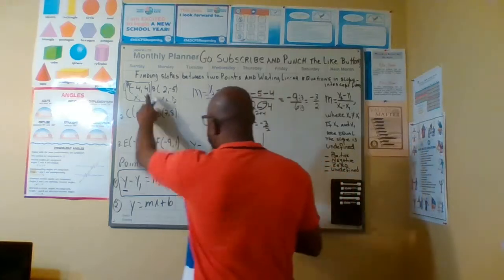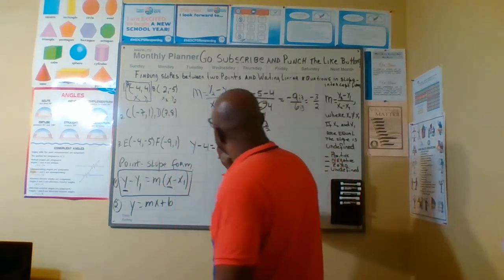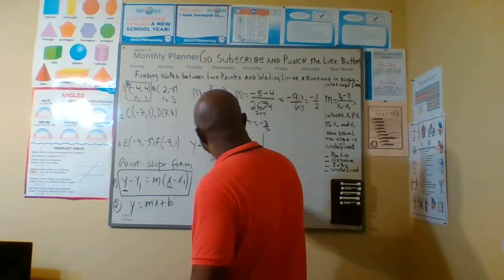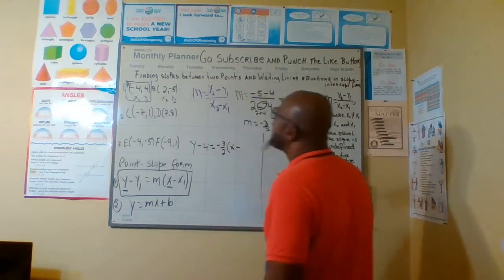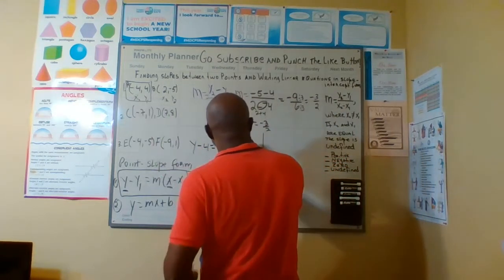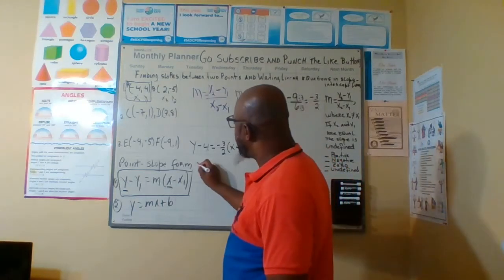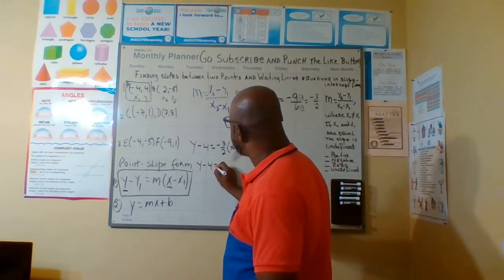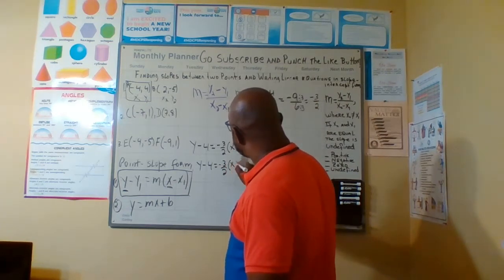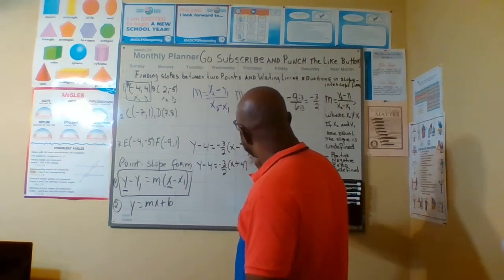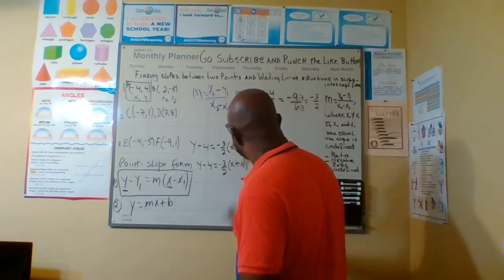In this case, this was 4. You replace 4, and my slope is negative 3/2, times x minus negative 4. So once again, I'm going to clean it up. I will have y minus 4 equals negative 3/2 times x plus 4, because two negatives become x plus 4.